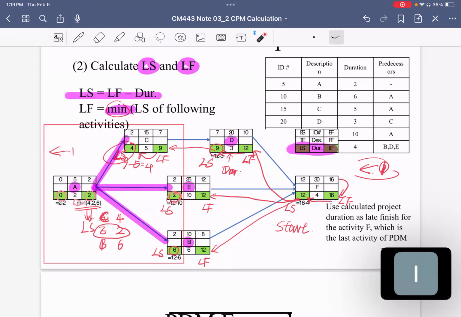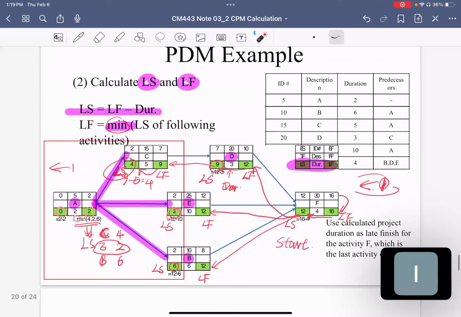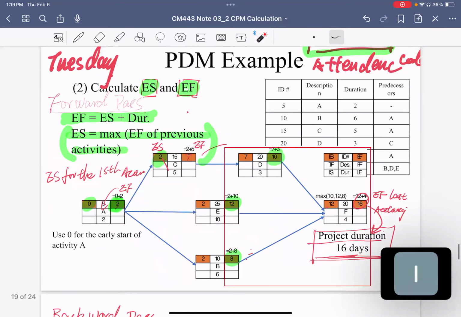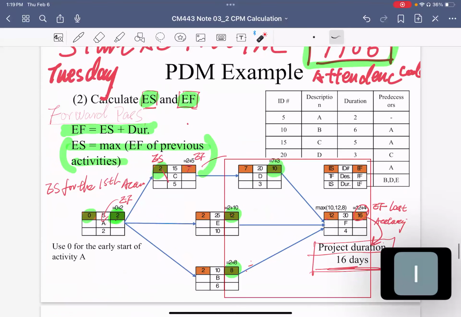All right, take a minute to think about and try to remember how to use those two formulas here. The first step is from here: how to determine your starting points, how to determine the late finish time for your last activities. You can also check it back from the forward pass.